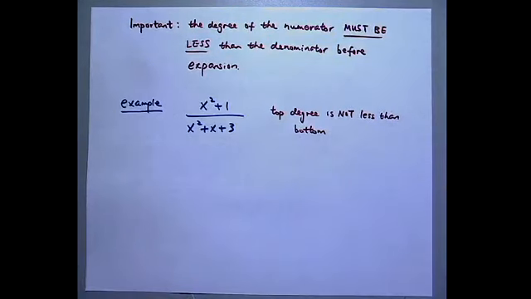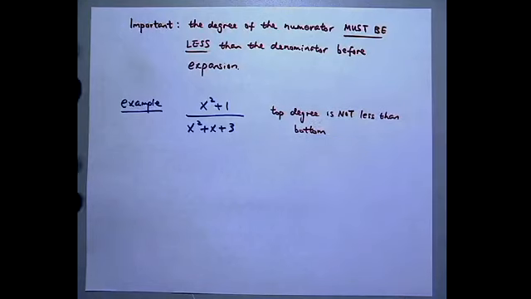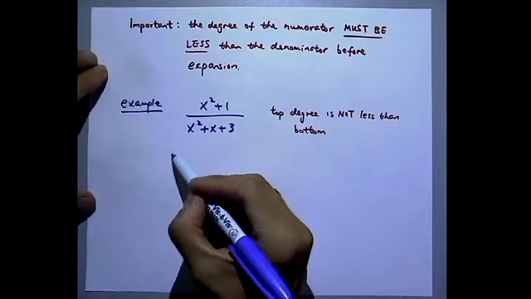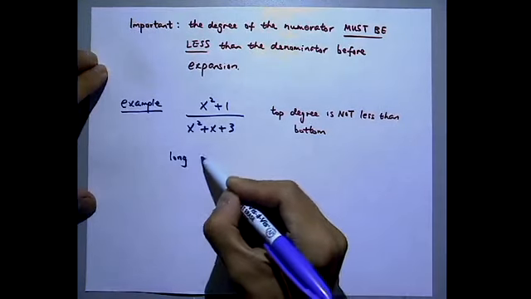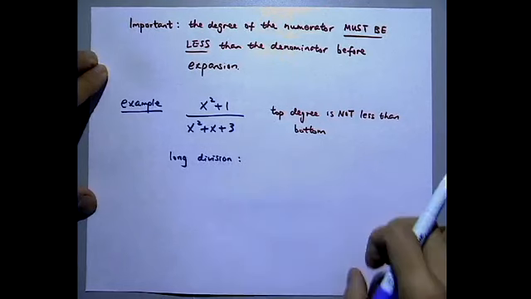We have to have the thing on the top with a lower degree than the one downstairs. But that's not what we got here. So when this happens, the simplest way to handle it is to do a long division.